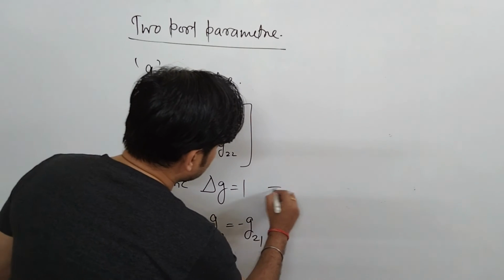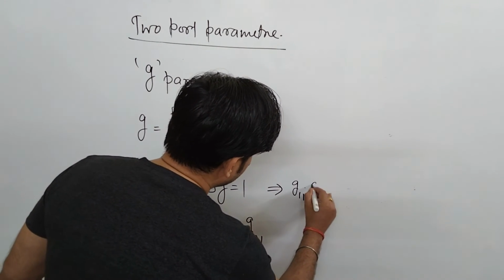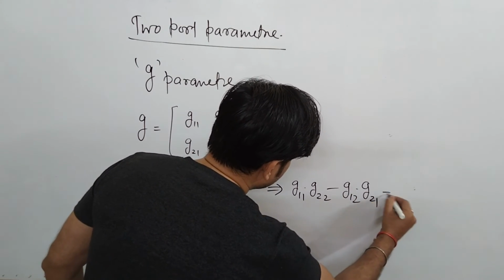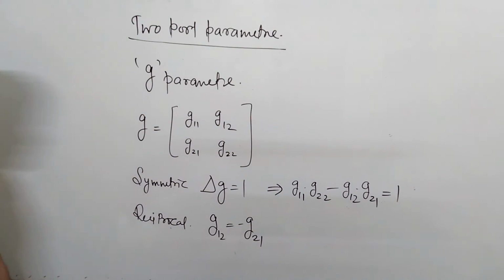Del G is 1, it means G11 into G22 minus G12 into G21, that is equal to 1. This you keep remember, about the condition of symmetricity and reciprocal for G networks.